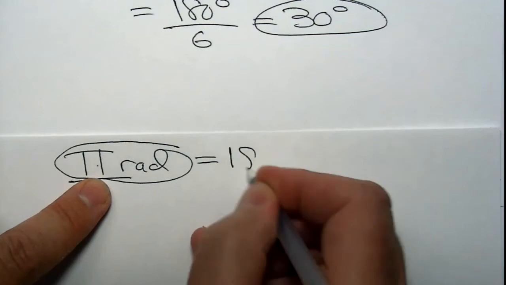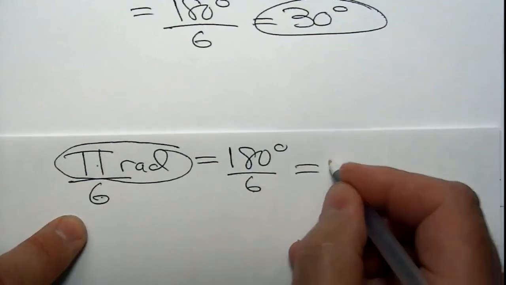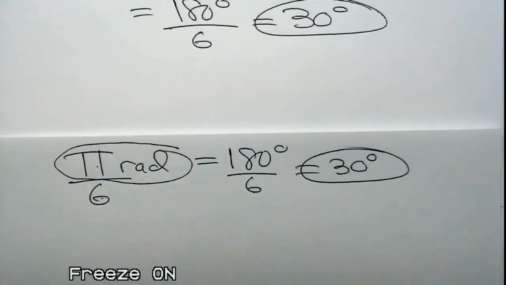It can be just instantly replaced with its equivalent, 180, and the divide by 6 is still there. So that is the quickest way to convert from radians into degrees. And that's to basically replace pi radians with 180 degrees. Replace pi with 180. Now certainly pi is not 180. Pi is 3.1415. This is just for conversion purposes.